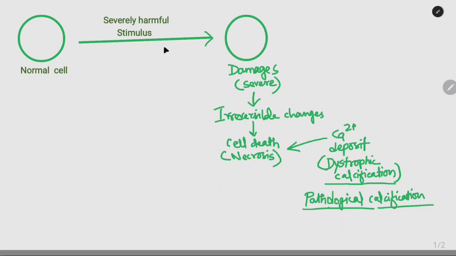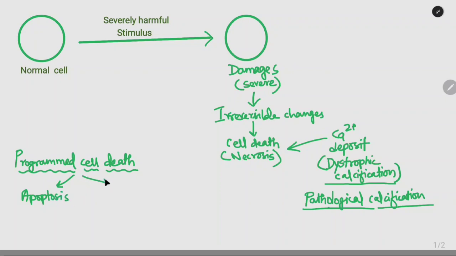Now, so far we learned that cell death can occur because of some severely harmful stimulus. But cell death can also occur because of some genetic programming. That is called programmed cell death. In programmed cell death, we will learn about two types of cell death, that is apoptosis and autophagy.